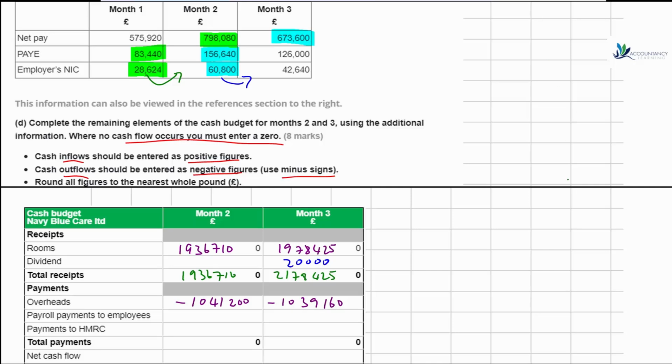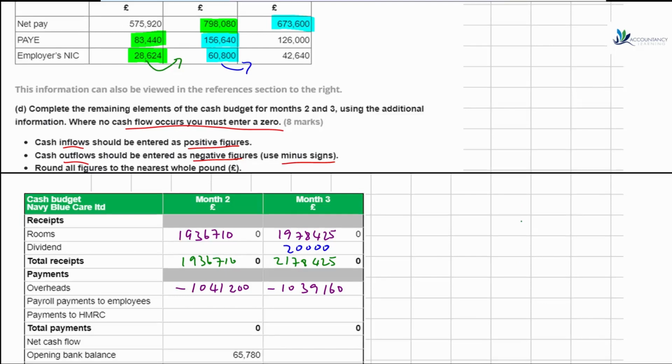And then what about our payroll? Again, we need to pay attention to the month in which those transactions occur, don't we? So for the net pay, the cash flow occurs in the month of the transaction. So we've got those 2 numbers taken from the table at the top of the screen. And then in the following month, we pay HMRC, the income tax and the national insurance.